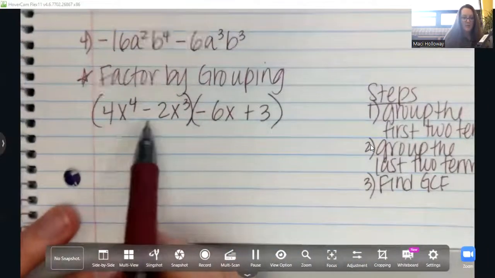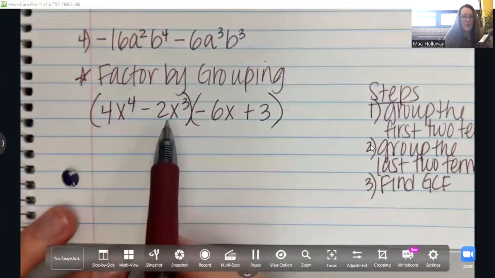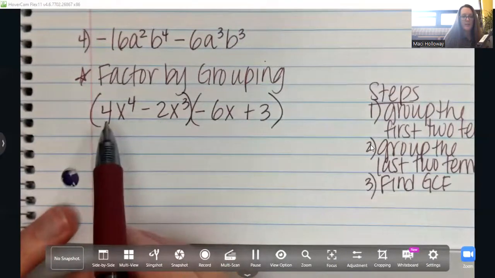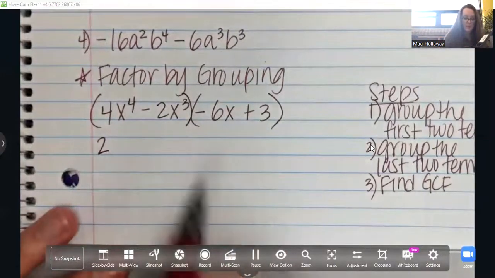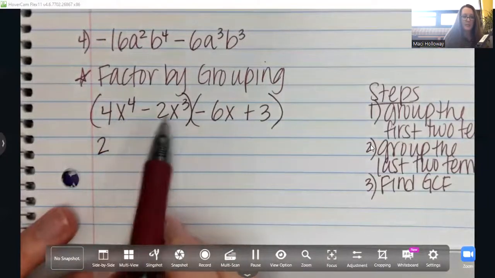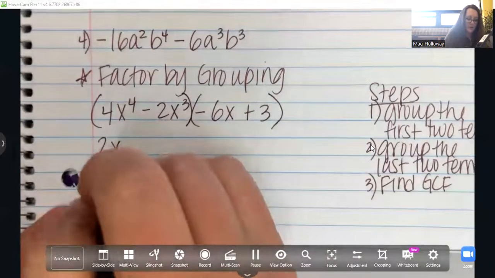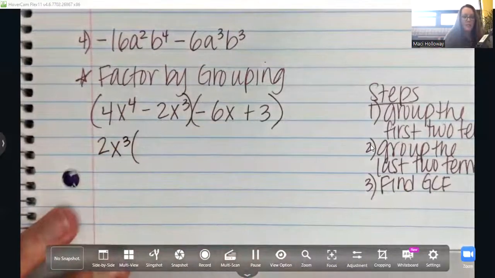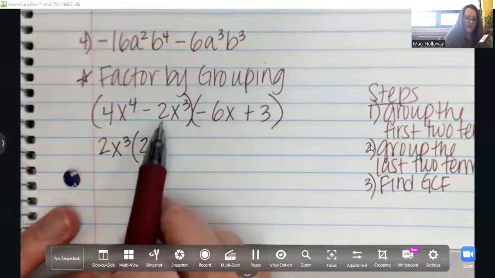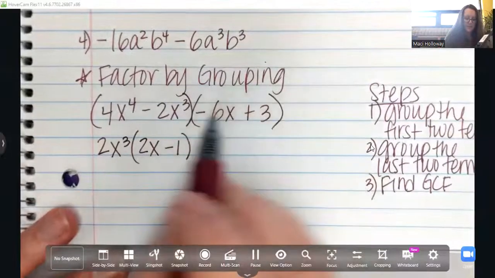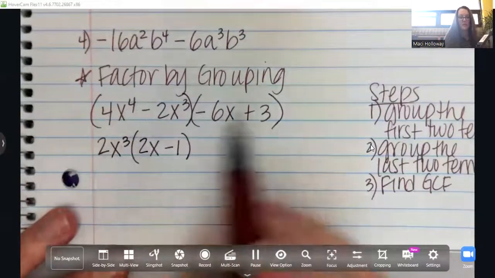And I'm going to look at my first 2 terms and decide, do they have a greatest common factor? Well, let's look at my numbers. What's the greatest common factor between 4 and 2? Well, it's 2. So I'm going to pull out a 2. What's my greatest common factor between x to the fourth and x to the third? It's x to the third. So like I'm dividing out that 2x cubed, I have a 2x left, and here I have a negative 1, because 2x cubed divided by 2x cubed is just 1.